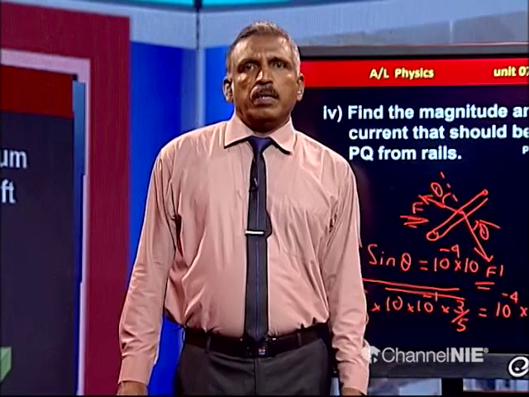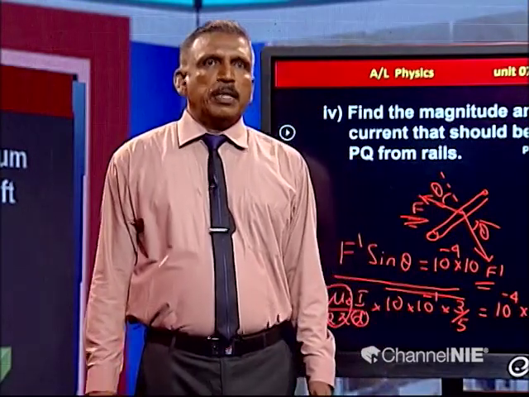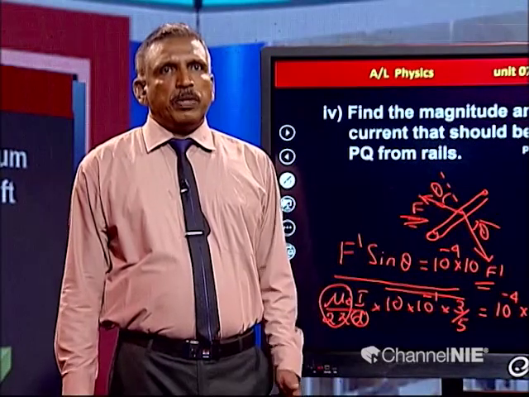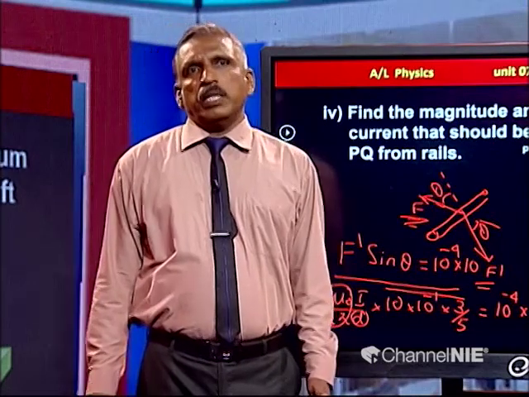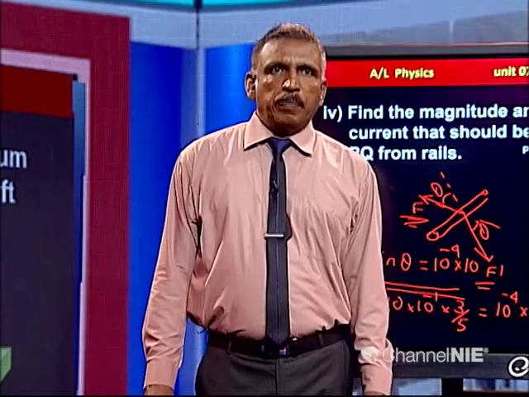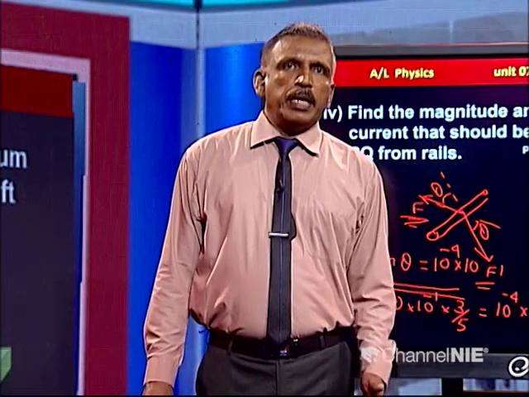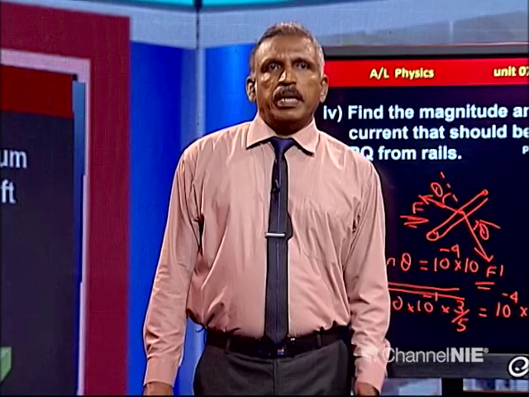There are a lot of MCQs in every past paper, so better do those questions. And second part questions also come every 2 or 3 years in the final papers. So better try those, and you can get more knowledge on this magnetic field.